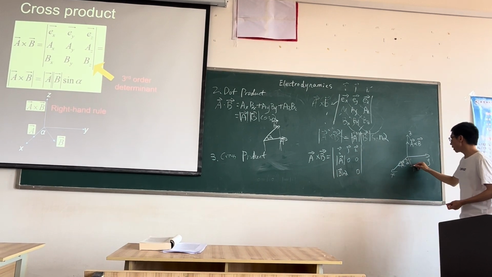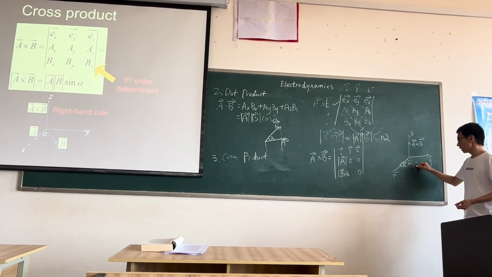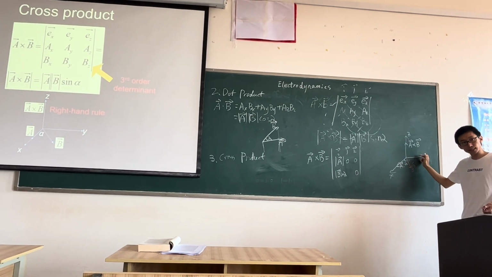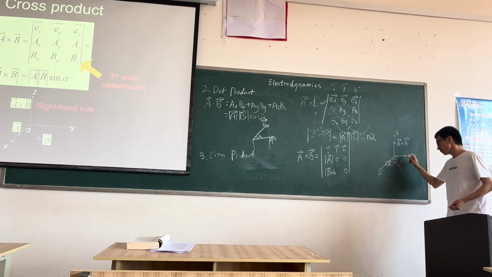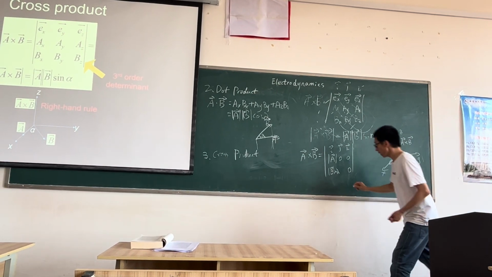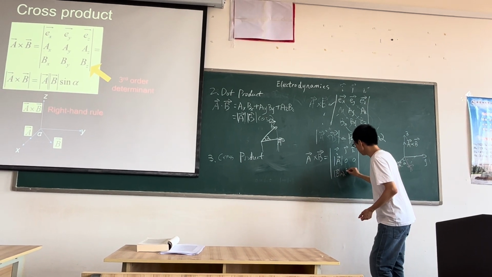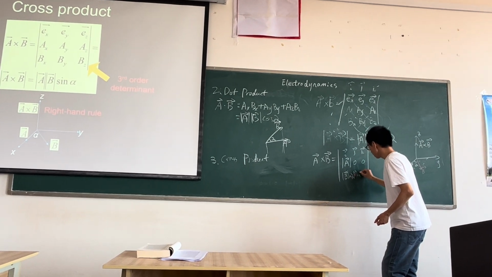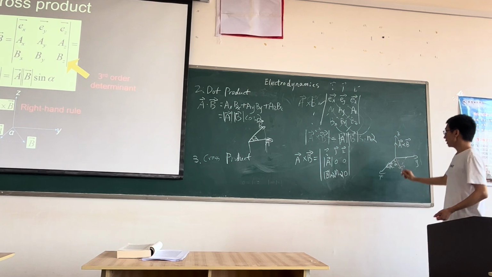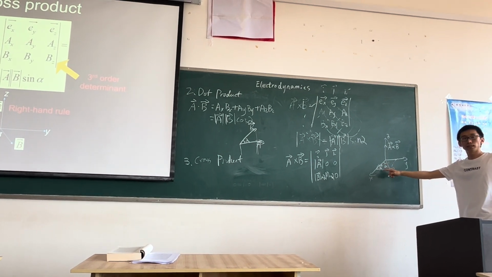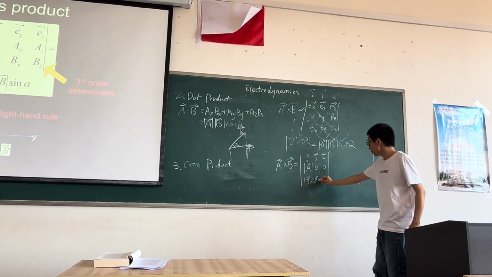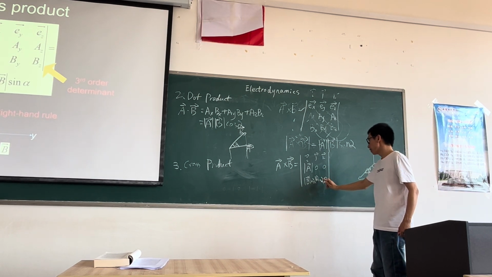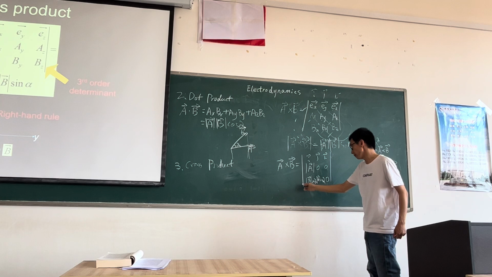B's y component, as B's projection to the y direction, is equal to B's length sine alpha. So B's y component is B sine alpha, and the x component is B cosine alpha.